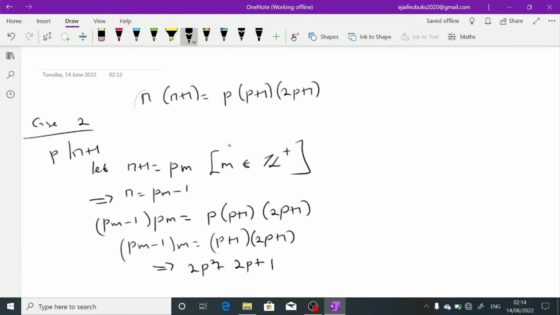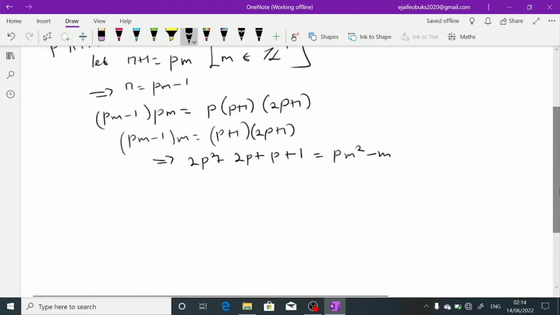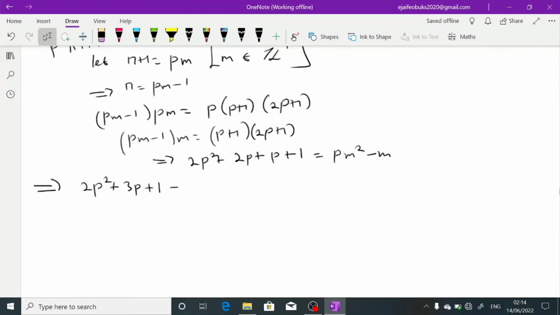Most of these steps will feel familiar to the first one. I hope this gives some solutions. Pm squared minus m. And then we have 2p squared plus 3p plus 1 minus pm squared plus m equals 0. This is 2p squared plus p into 3 minus m squared plus 1 plus m equals 0.